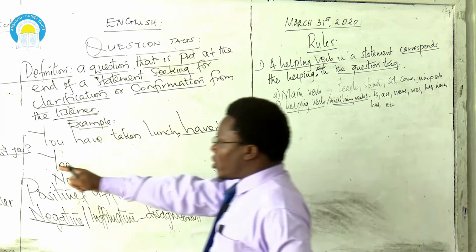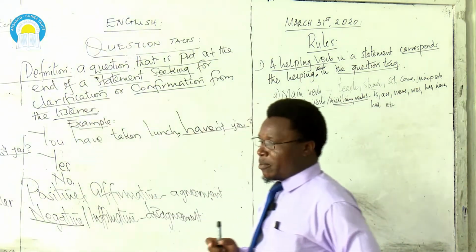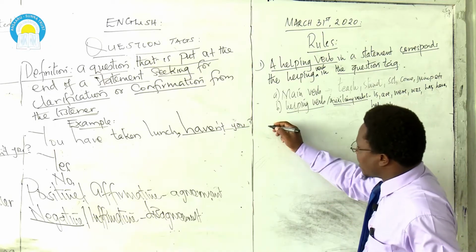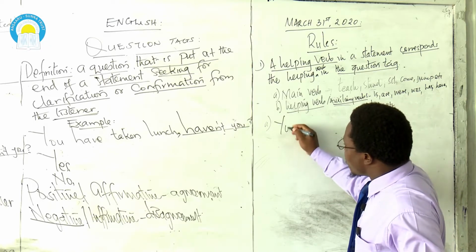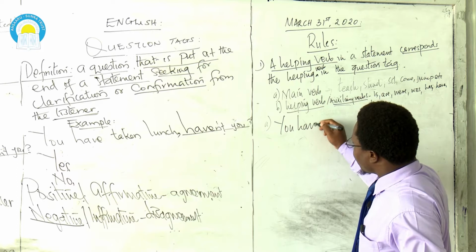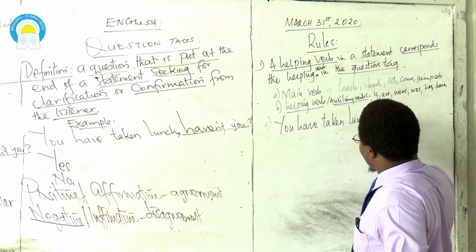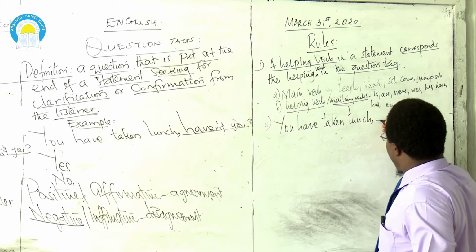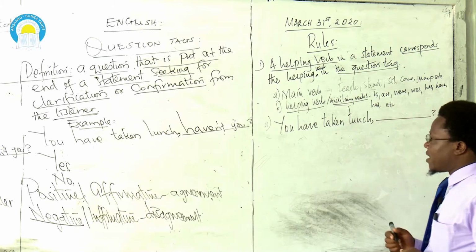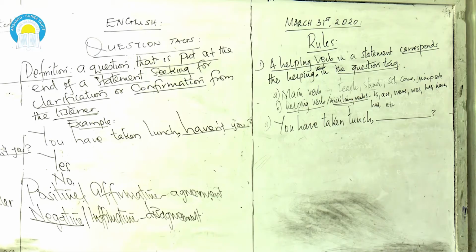If we can borrow leave of our first example sentence, where we said that you have taken lunch. As a candidate, first and foremost, try to find out two things. First, find out the subject in that sentence. Two, find out the helping verb in that sentence.